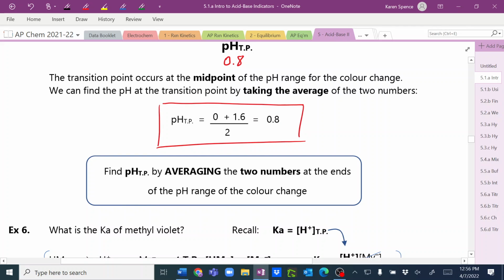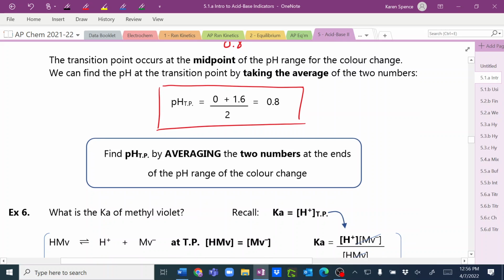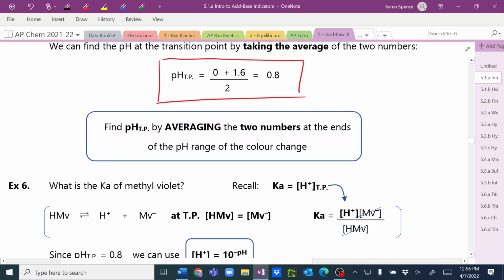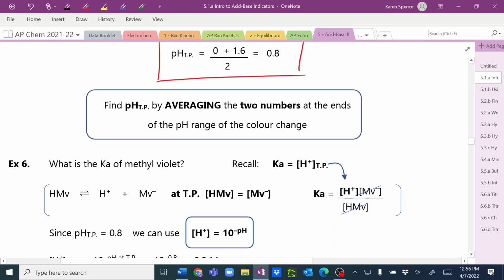Once we know the pH at the transition point, we can then say, what is the Ka of methyl violet? Well, we know that Ka is equal to H plus at the transition point.